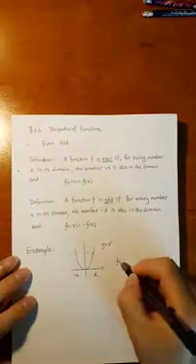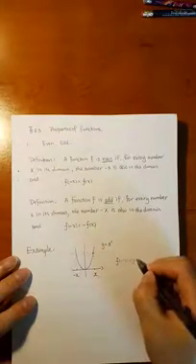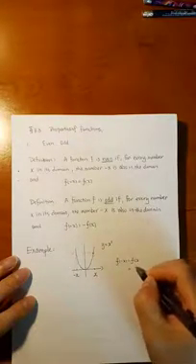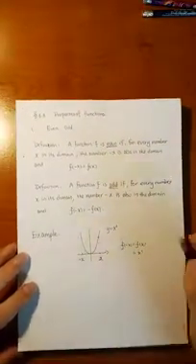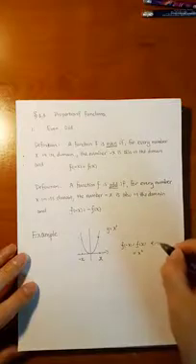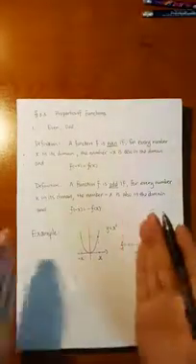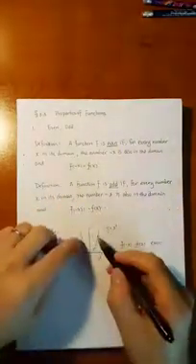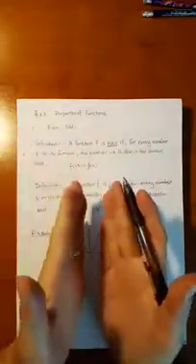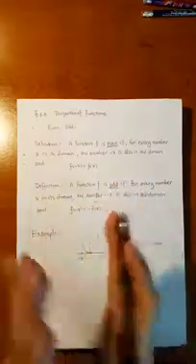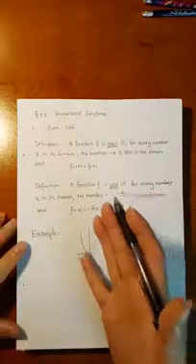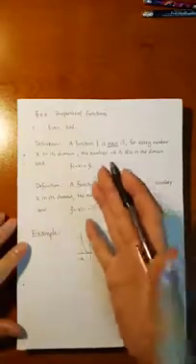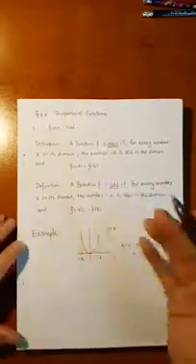So f of negative x is f of x. They are both equal to x squared. This is an even function. You can check that because they have the same height, if you fold this graph along the y-axis, they coincide. So it means the graph of an even function is symmetric with respect to the y-axis.